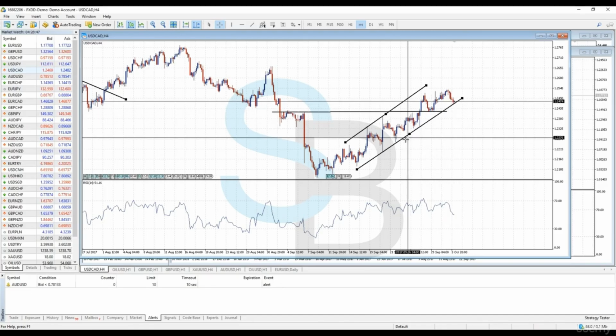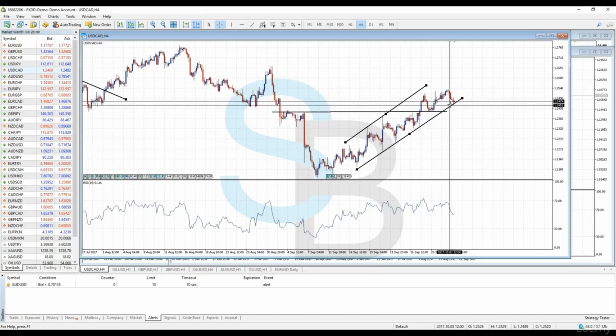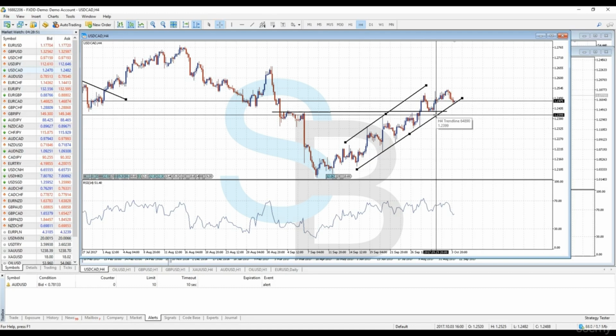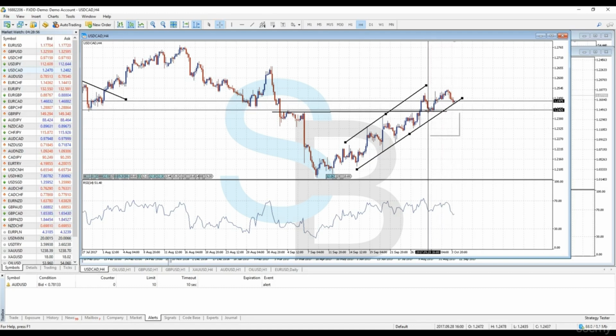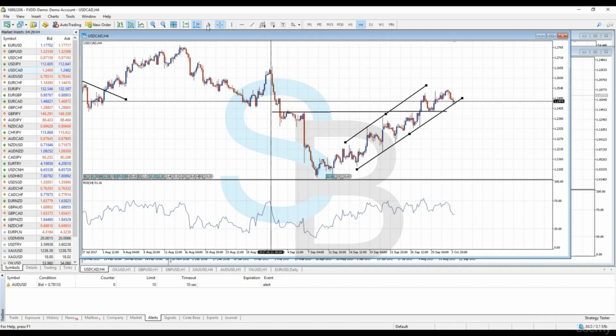For example, if we are able to crack below this rising support level here, the next level that I would look to for a retest would be this area here, because we had some sort of support in the past.